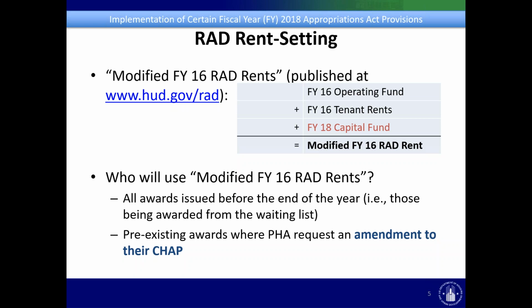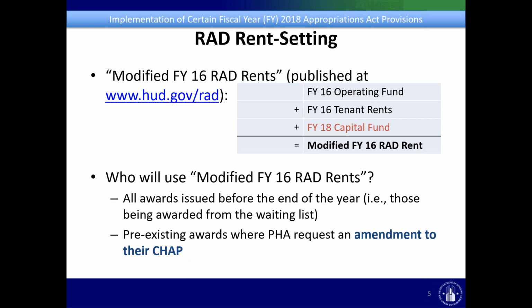The modified FY16 RAD rents continue to use the FY16 operating fund and the FY16 tenant rents, but then replace the FY16 capital fund with the FY18 capital fund levels. And this computes to the modified FY16 RAD rents, which on average nationwide are some $62 per unit month higher than FY16 levels.